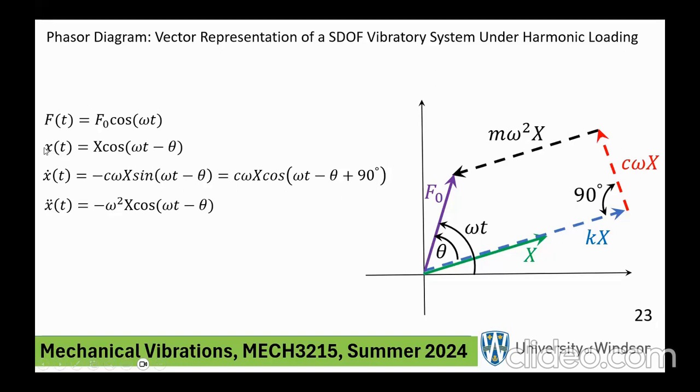Now, the steady state response x of t looked like that. Go back to the slide 5 slides ago where we made a guess of the solution. It has a magnitude x, this green one, and it's theta degrees before F. Smaller angle, so it's omega t minus theta.